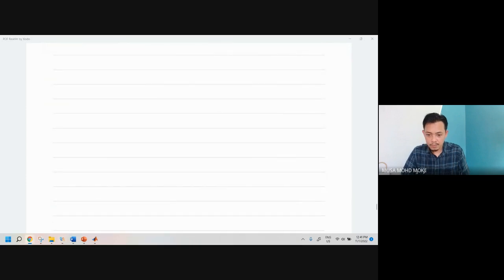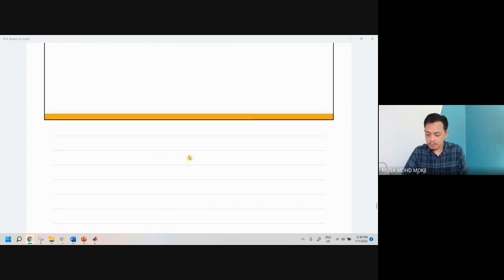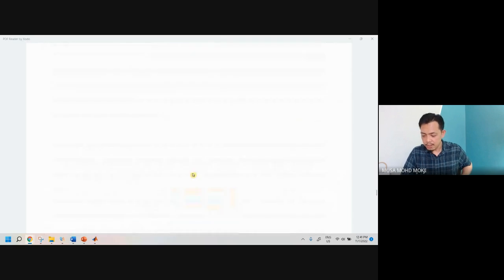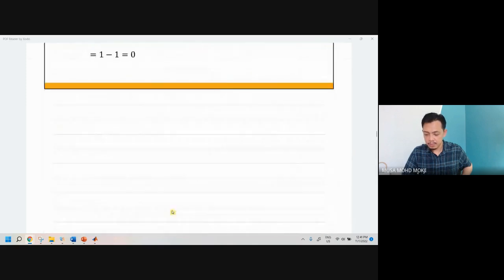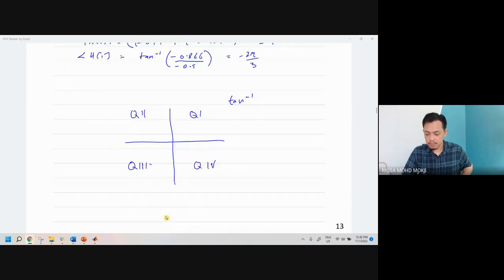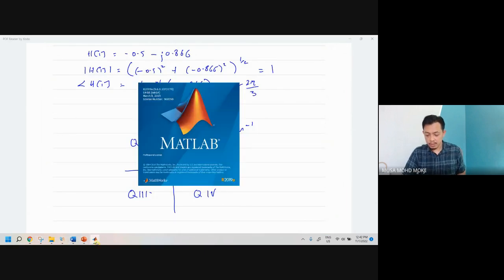Wait. Okay, it doesn't matter. I cannot find it, but it's supposed to be there. Let's get back to our example. Okay, so even in MATLAB, why does it take too long to open?